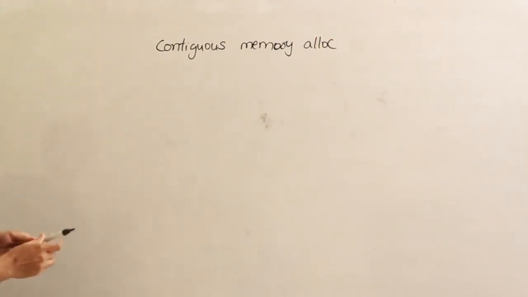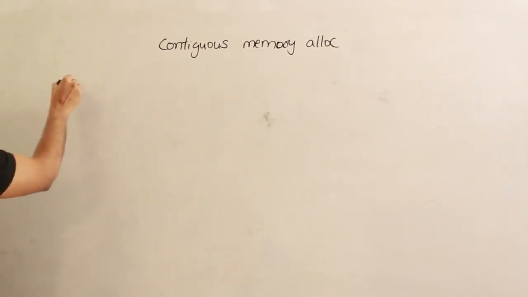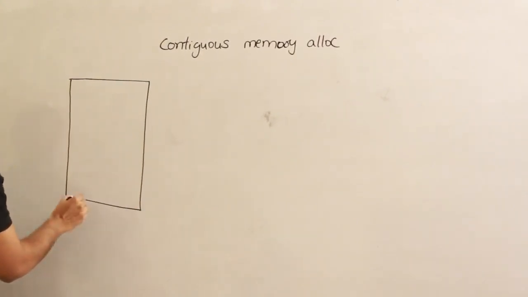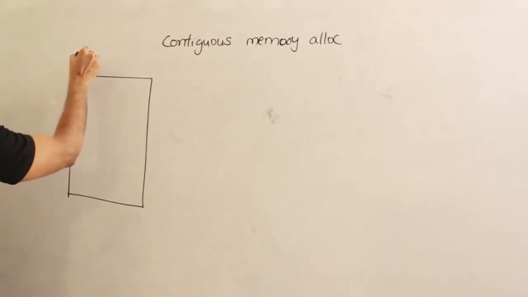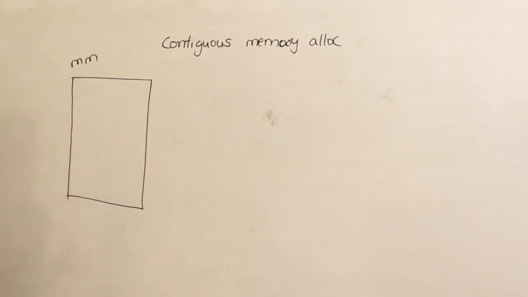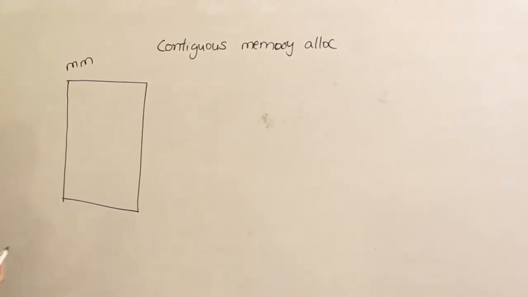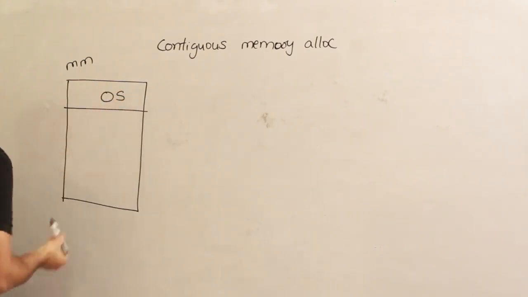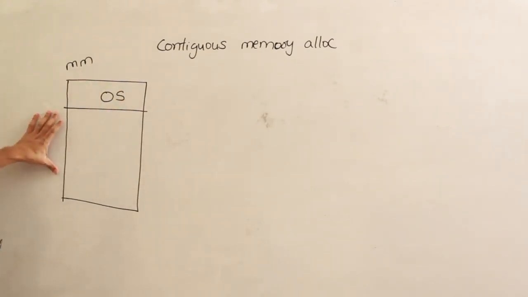There are two types. One is, if you have the main memory like this, right? One part of the main memory is always going to contain the operating system, no doubt about it, and in the remaining part we could put as many processes as possible.